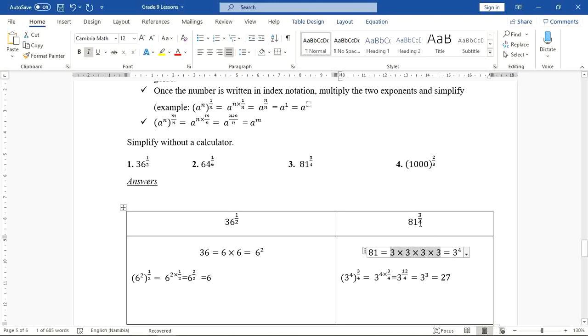Instead of having 81 here, you just replace that with 3 exponent 4. Then you multiply the 4 with 3. 4 times 3 is 12. 12 divided by 4 will give us a 3, and 3 exponent 3 will give us 27. So 81 exponent 3 over 4 simplifies to 27.